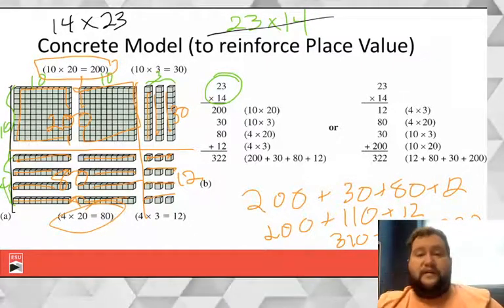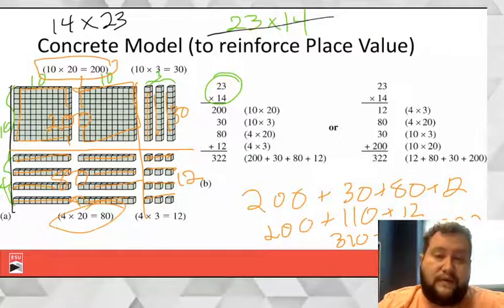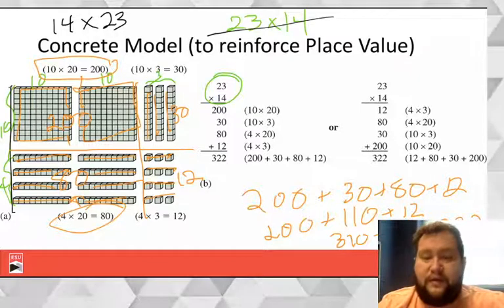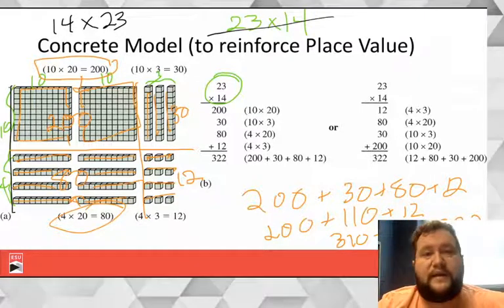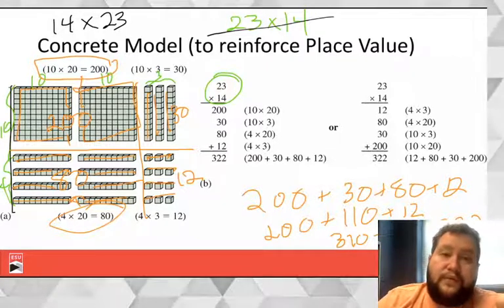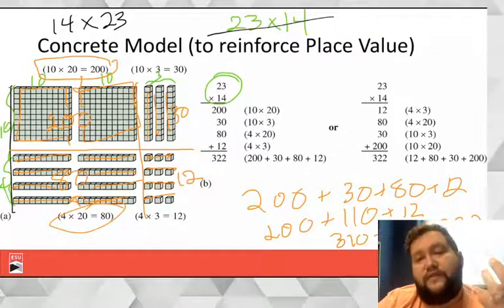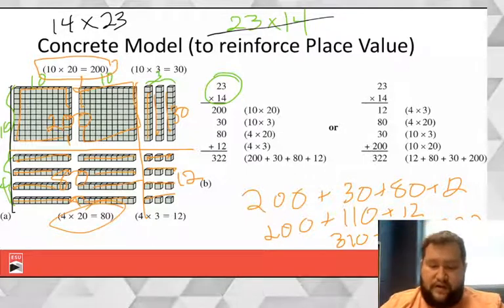You just have your blocks there, and you have 4 groups with 3 blocks in them. Put them together, they can count to 12, stick them together, get a rod and 2 longs, right? Like that, relatively straightforward. But once you're getting to 14 times 23, which is substantially more labor in terms of working with a concrete model, you would show this for the student that needs a little bit of extra help.